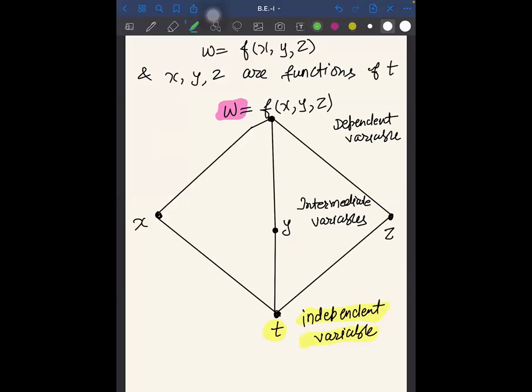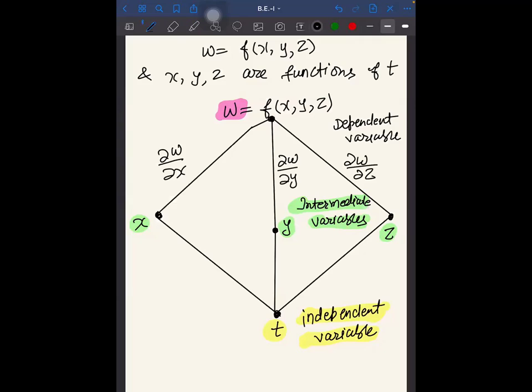This is your independent variable and these three are your intermediate variables. Now mark the branches with the partial derivatives: this is curly w upon curly x, this is curly w upon curly y, and this is curly w upon curly z.